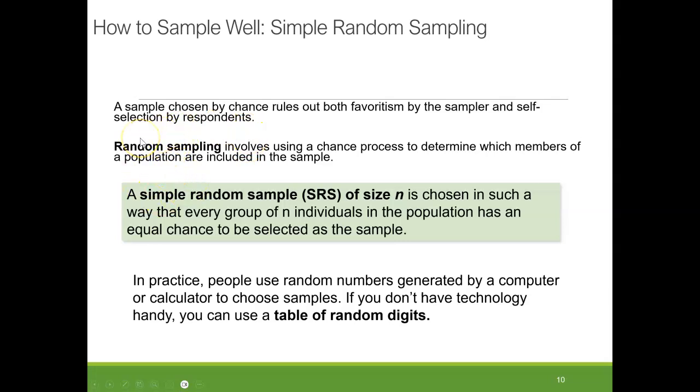So one type of random sampling is called a simple random sample, where you have weighted each individual equally inside of your population. If there are n individuals in your population, each person has a 1 in n chance of being selected.